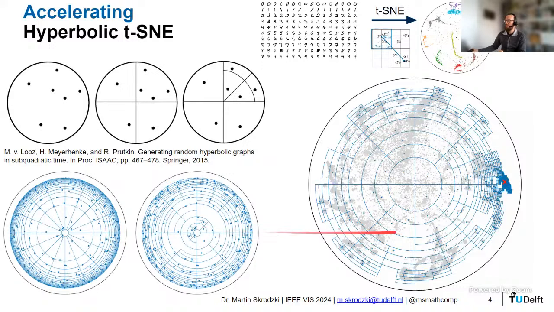So on the right-hand side here, I have n points. So we have all these points in the disk shape representation. And on the right-hand side here, you see a query point. That's a point for which we want to know which points it should be repulsed by. I highlight in this representation all these cells of the tree, which we take into account when computing the repulsive forces.